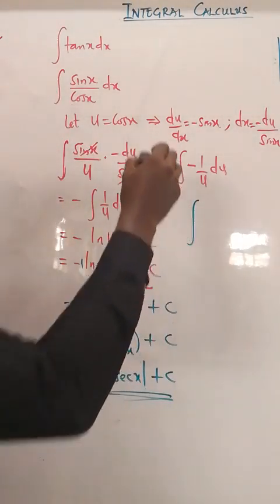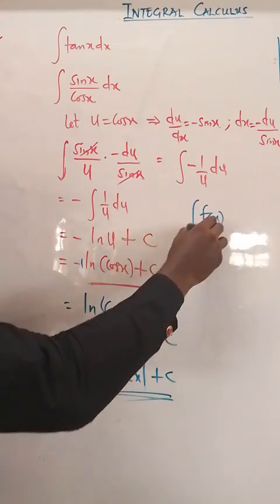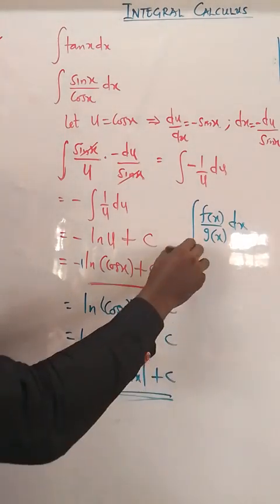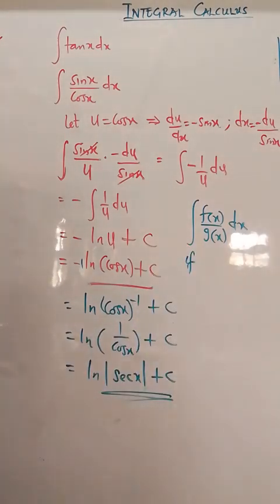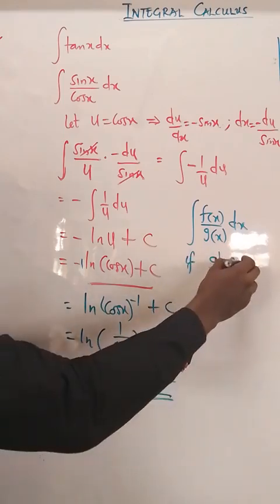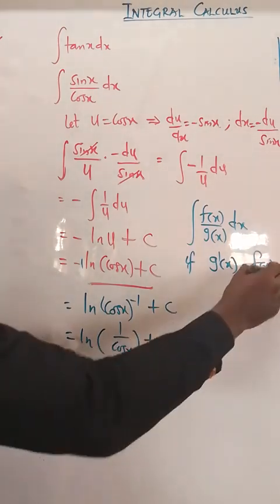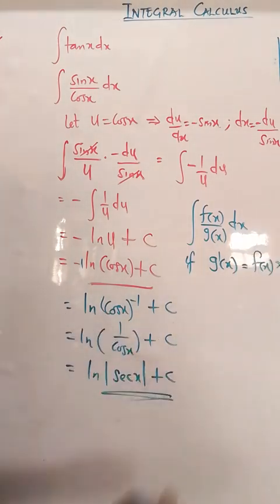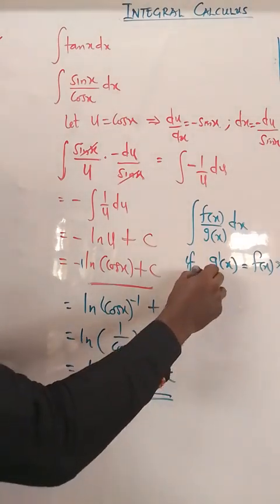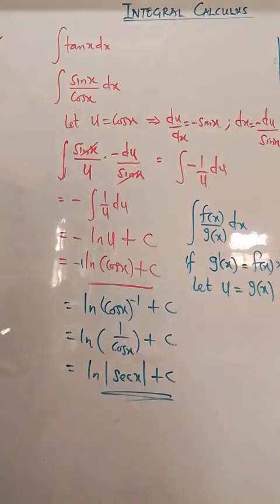If you have the integral of, let's say, f of x over g of x dx, and if you differentiate g of x, we are not getting f of x, or we are getting a factor of f of x, the best is to do substitution by letting u be equal to g of x.